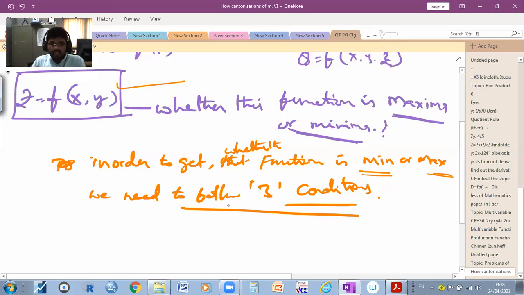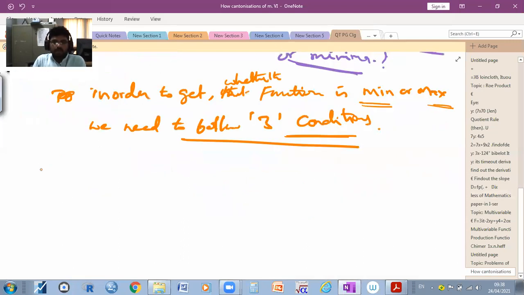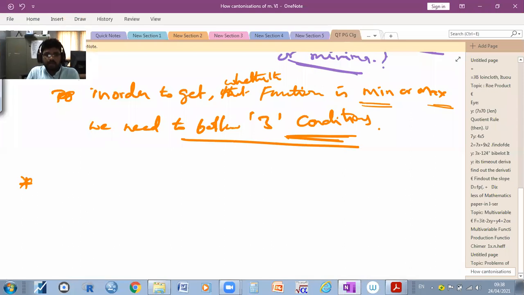What are the conditions? We'll come to know. When you read books, they say these are the conditions for maximum and minimum.